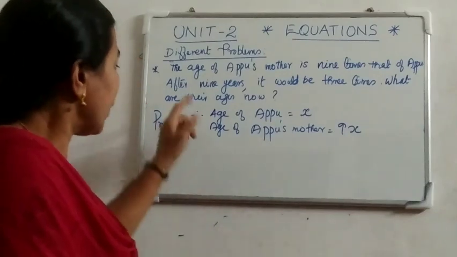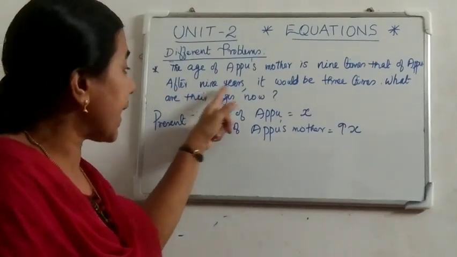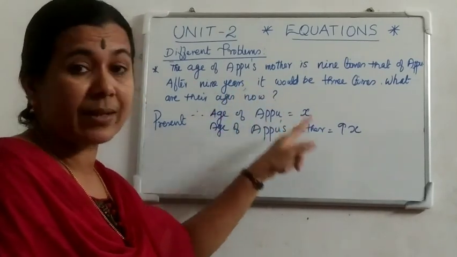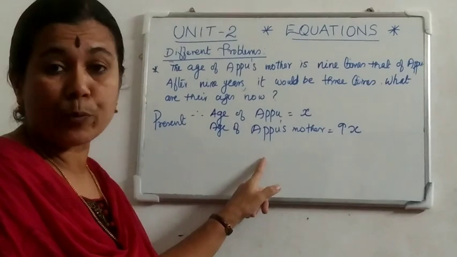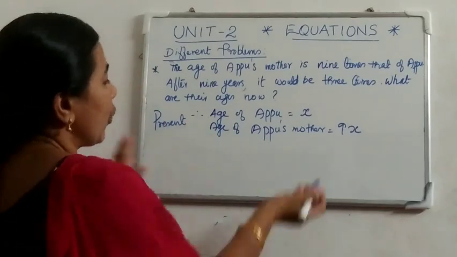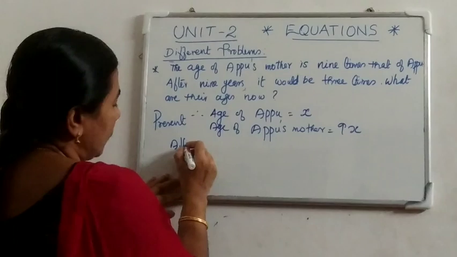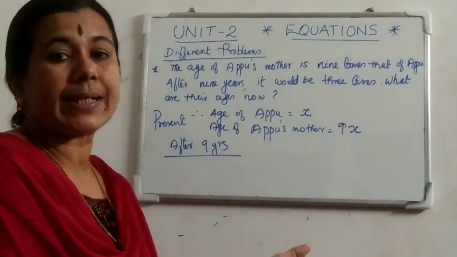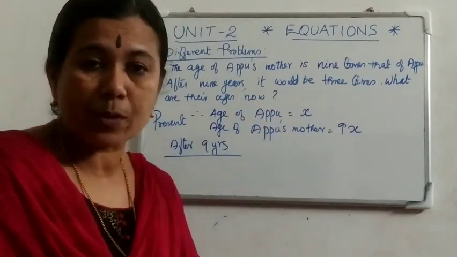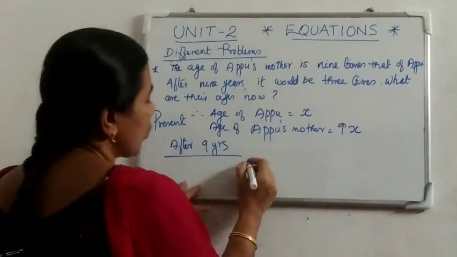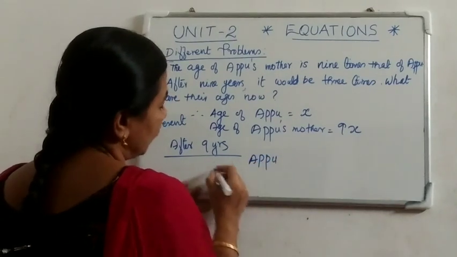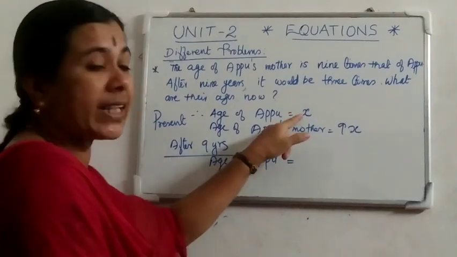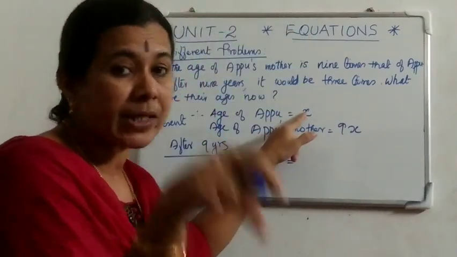Therefore, how much increase? 9 years increase in the case of Apu and Apu's mother. 9 years means plus 9.